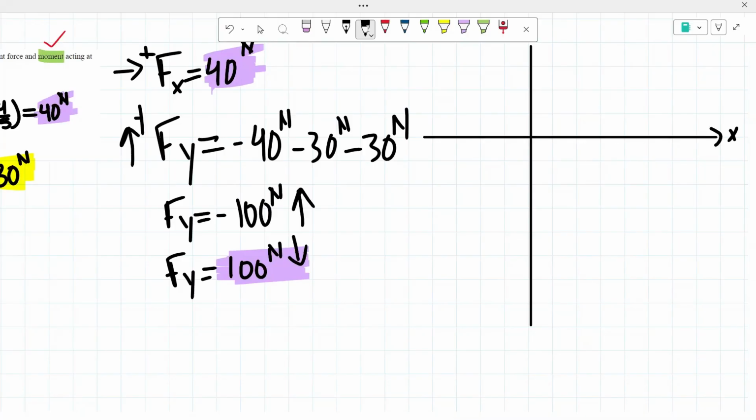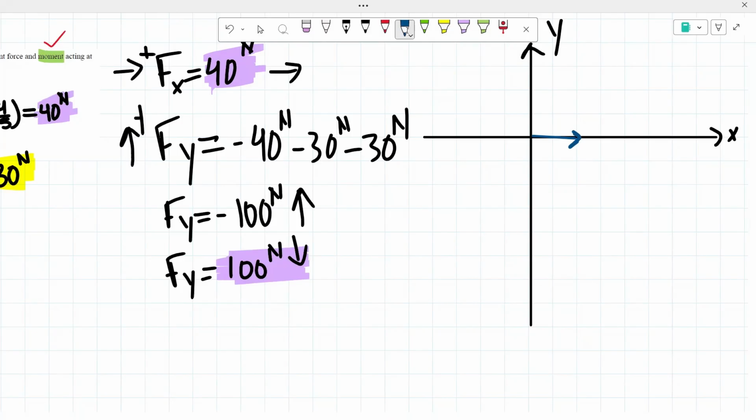So this is our x-axis, this is our y-axis. As you could see, in our x-axis, we have 40 newtons going to the right. So we're going to have 40 newtons going to the right here. And then in our y direction, we have 100 newtons going downwards.